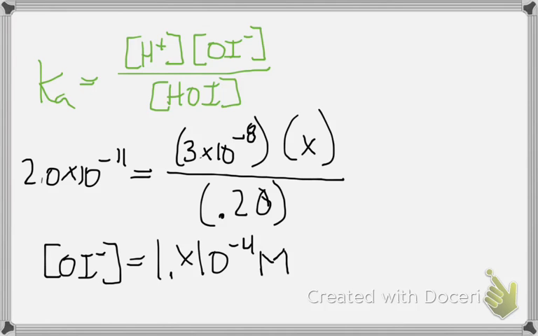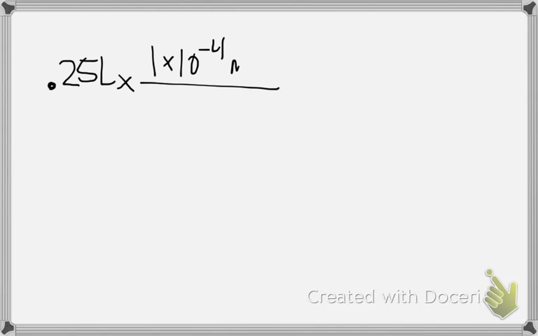The question asks us how many moles we need, though, not what our concentration is. So let's clear this board and turn that into moles. We have 0.25 liters of solution. We said that the volume's not going to change, and we need 1.1 times 10 to the negative 4th moles for every 1 liter.